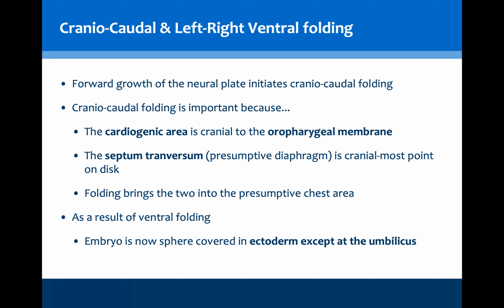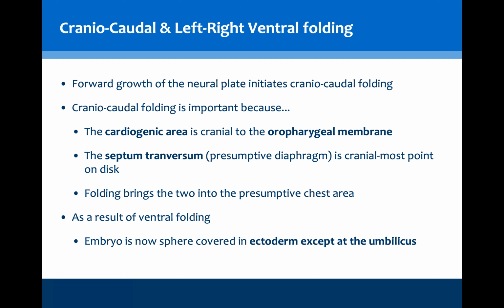So this is actually a very key process, because the most cranial parts of the disc aren't actually the brain itself, aren't any of the cranial structures, but they are in fact the septum transversum, the presumptive diaphragm, and then just caudal to that is the cardiogenic area that's going to form our heart. And then you get the oropharyngeal membrane, the cranial opening of this gut tube.